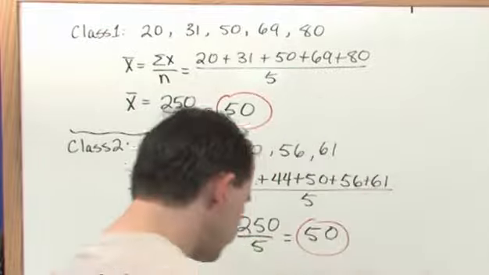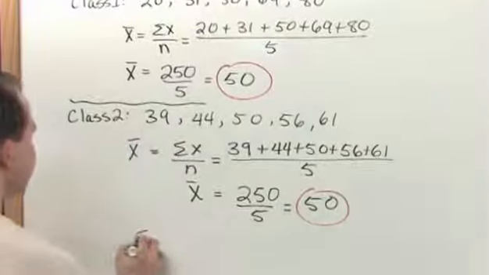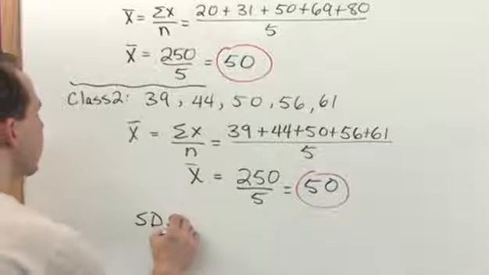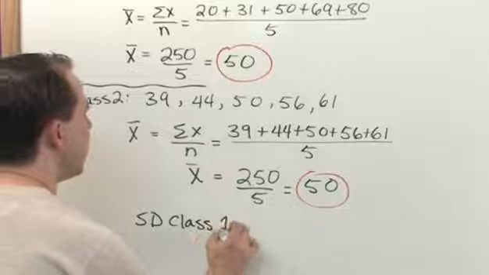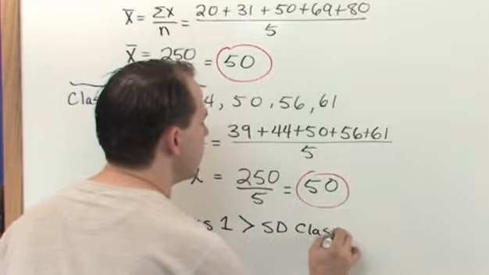Okay? So what we're going to say here, in this example, is I'm going to guess and just tell you and show you that the standard deviation, I'm going to call it SD for right now, for class 1 is greater than the standard deviation of class 2.